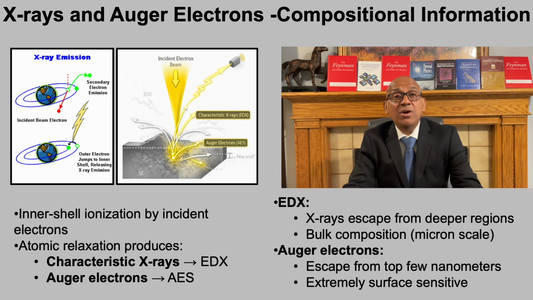As a result, Auger spectroscopy is extremely surface sensitive, making it complementary to EDX. Together, these signals allow electron microscopy to probe composition across vastly different length scales, from the near surface atomic layers to the bulk of the materials.